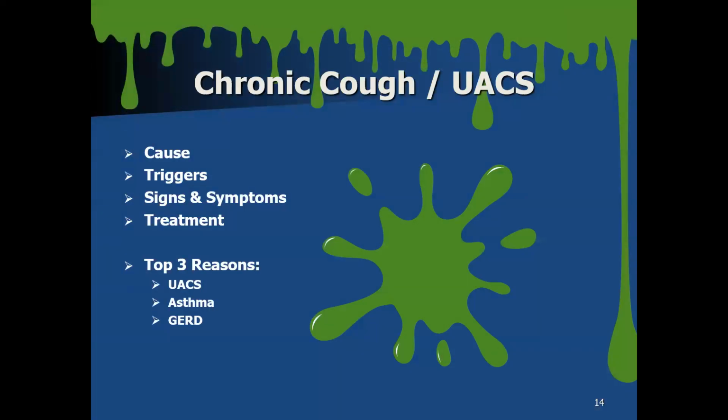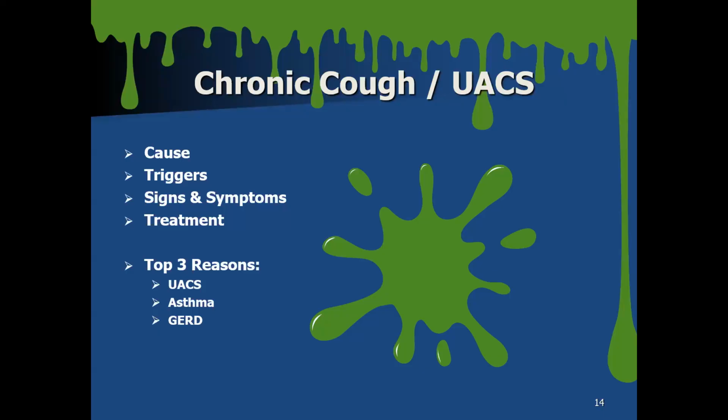So upper airway cough syndrome is the modern term for what was previously called post-nasal drip syndrome, where mucus drainage from the nose or sinuses down the back of the throat irritates cough receptors. It is often caused by allergic rhinitis, sinusitis, non-allergic rhinitis, and environmental irritants.